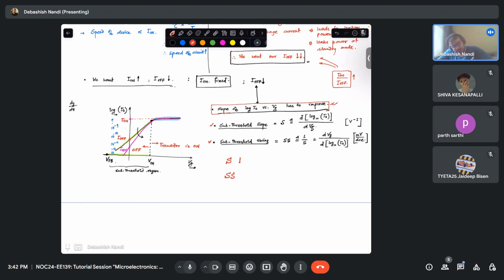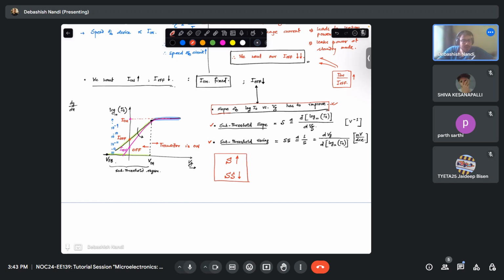Should S decrease or S increase? Anyone? So this sub-threshold slope should increase so that we could get lower Ioff, right? And what about SS? Obviously SS should decrease because it is just the inverse, right? So you have to understand why this is required.